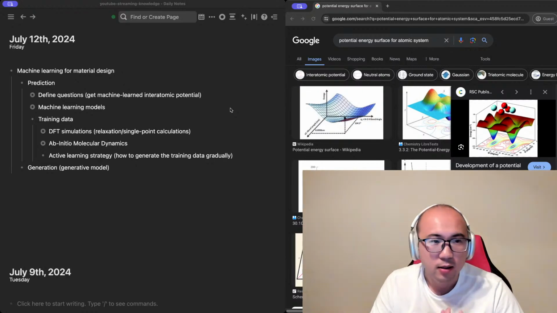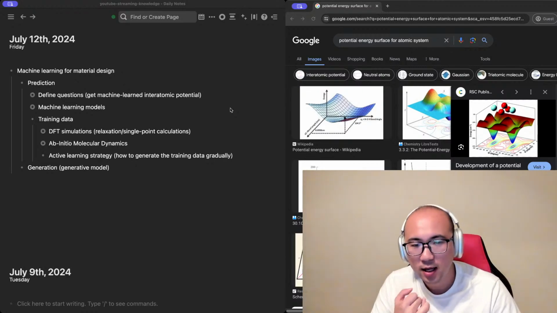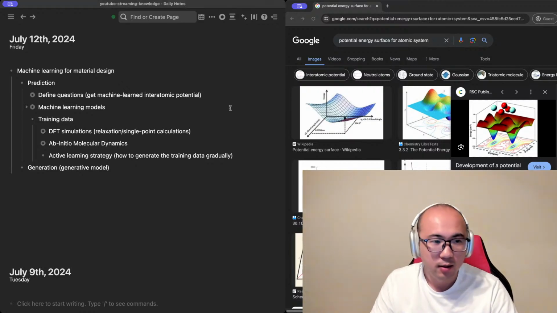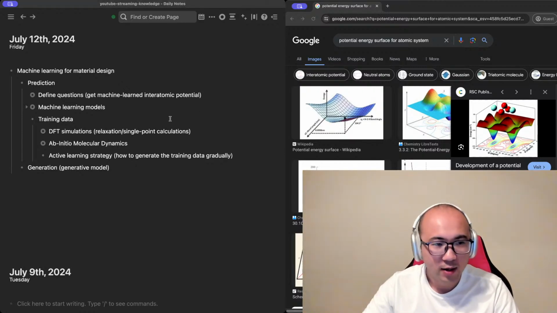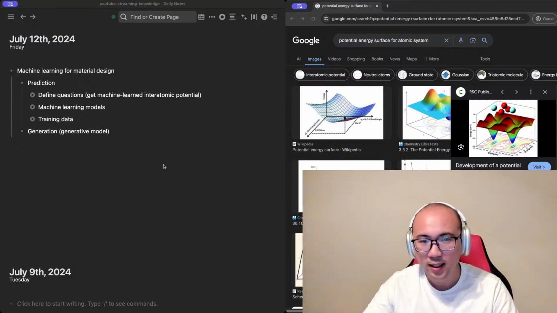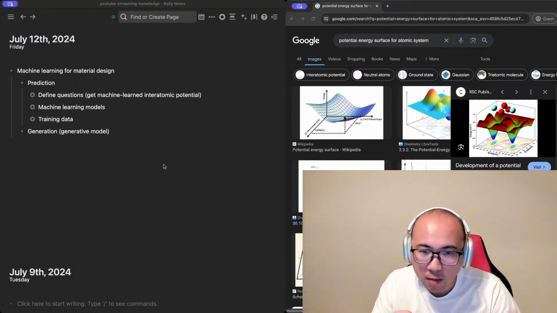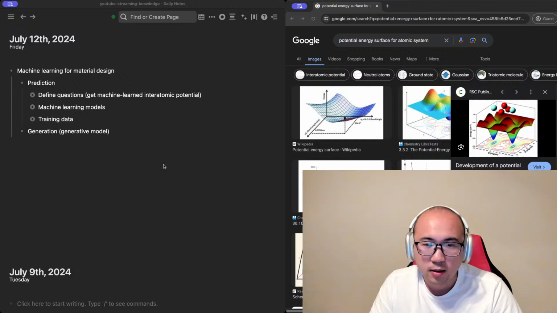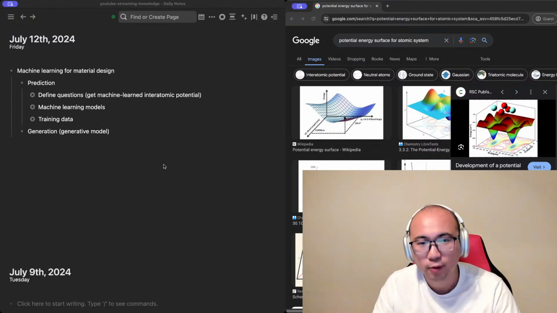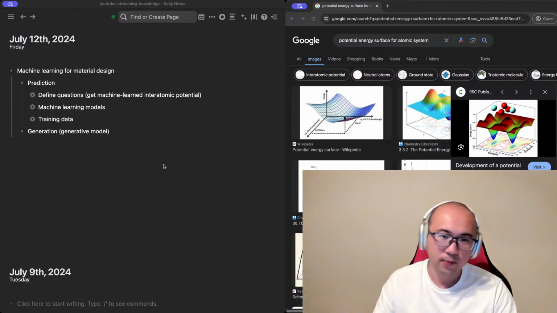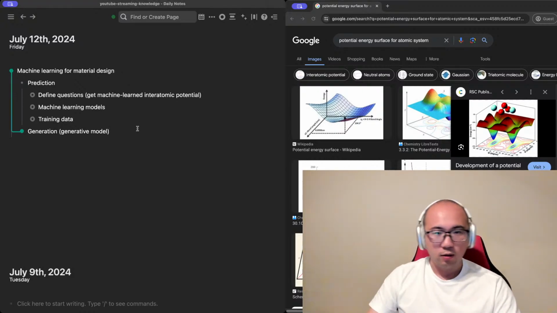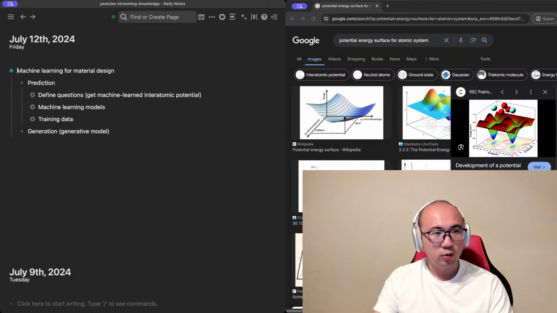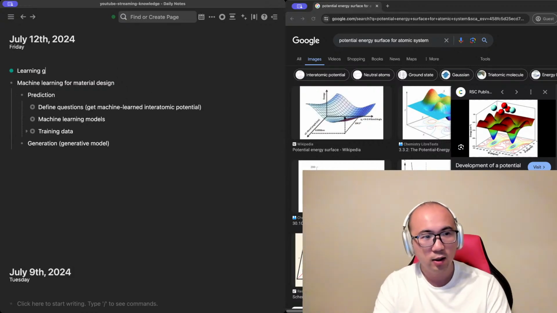All right. So, the active learning strategy. Once we have the training data and the machine learning models, we are trying to learn different kinds of methods. So we want to specify the learning goal.